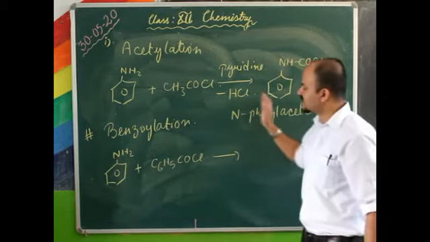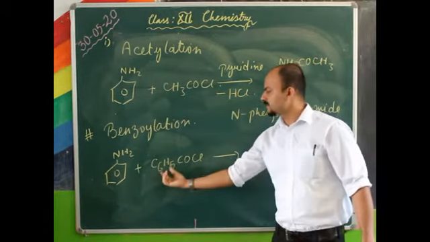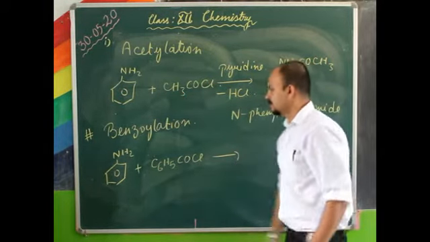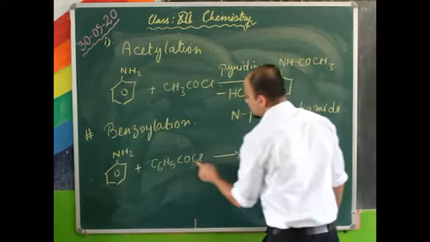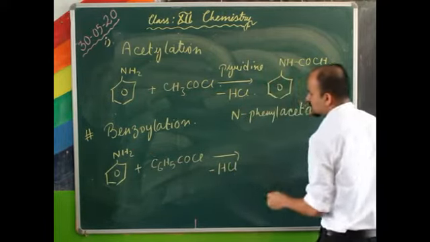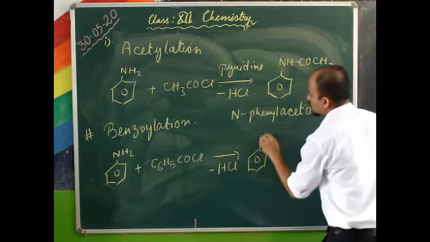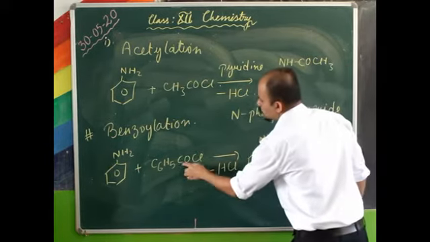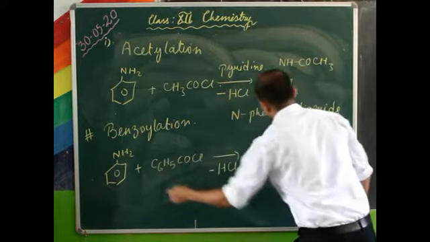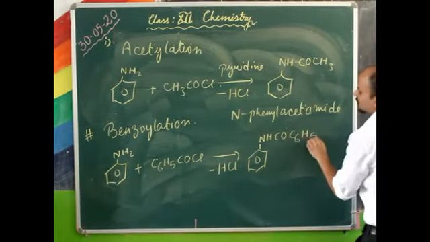Therefore, let's see now. The reaction would be exactly the same. Just in place of CH3, what happens? A benzene ring. So here, one hydrogen and the Cl will be eliminated as HCl. Then you would be getting this compound where this CO will be attached to this nitrogen, that is COC6H5.